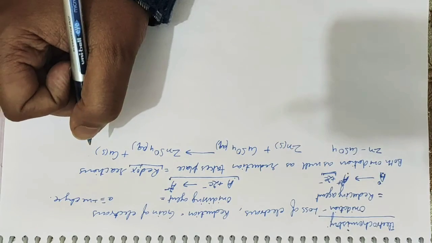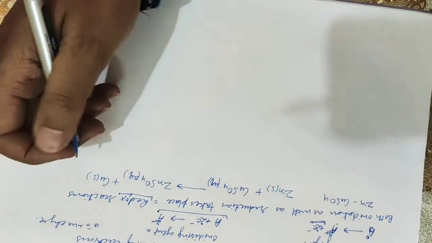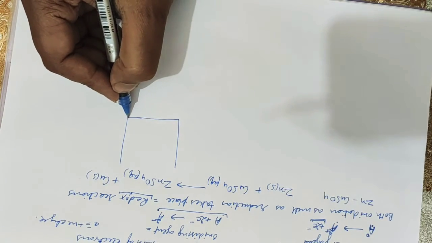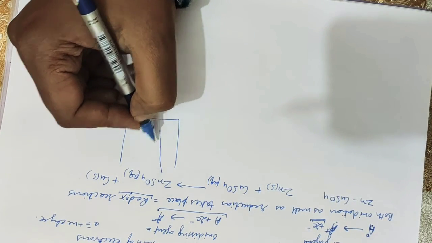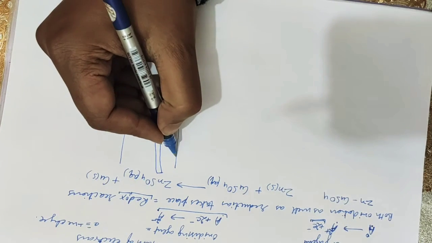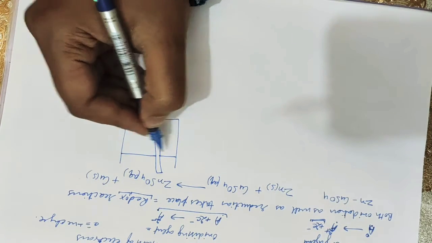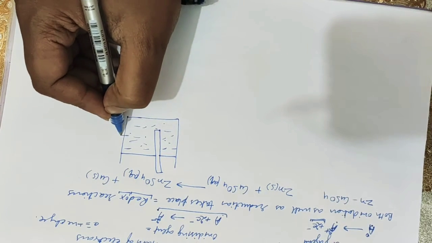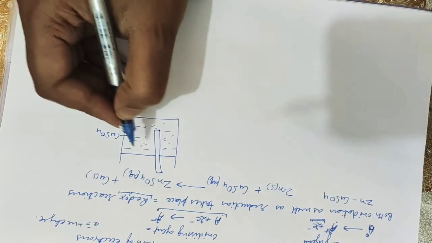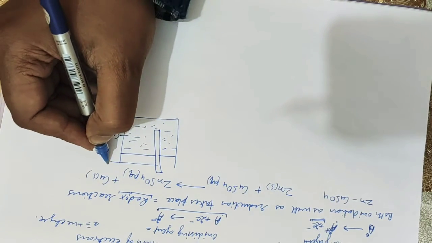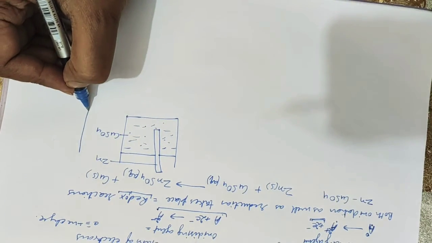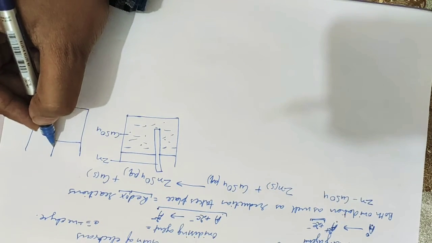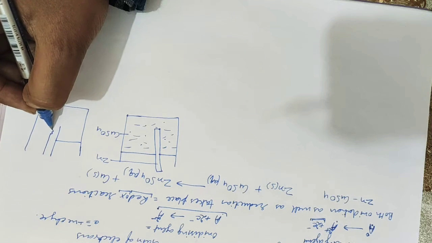Practically, whenever you see this reaction in a beaker, when you take an aqueous solution of copper sulfate and dip a rod of zinc in it, after some time you will see that the zinc rod gets corroded.